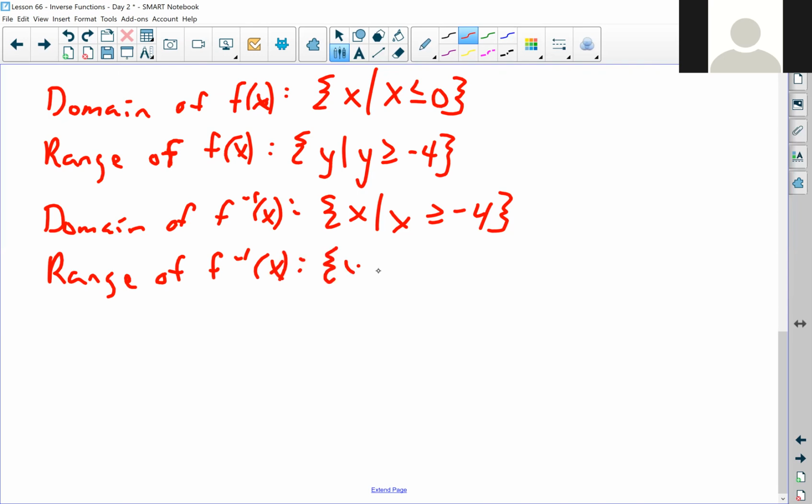And y is going to be less than or equal to 0. So the domain becomes the range and the range becomes the domain.